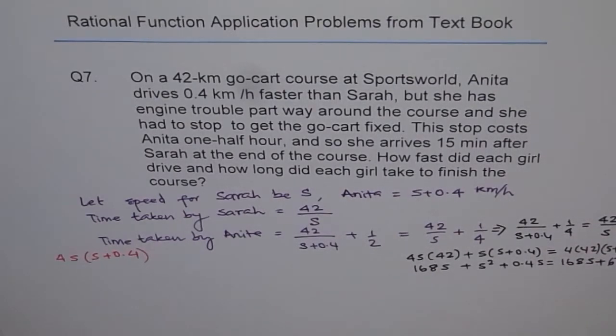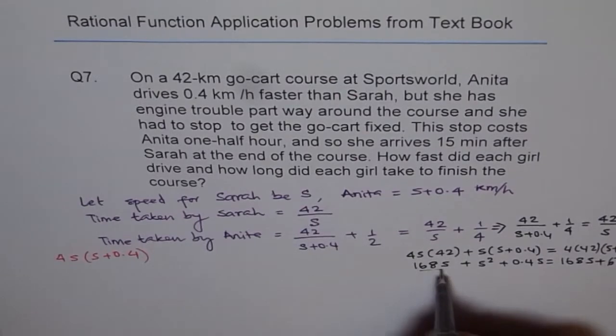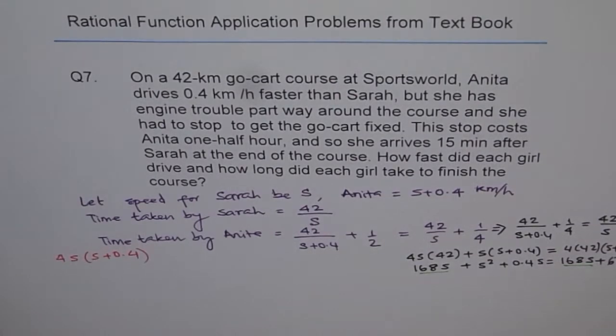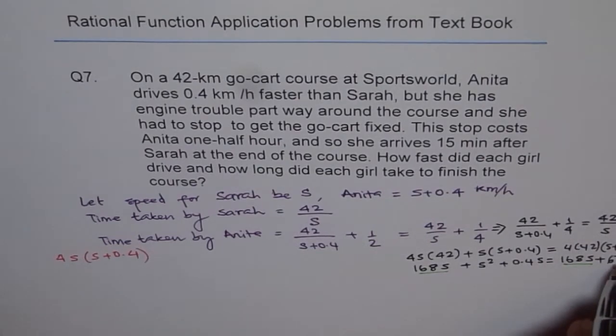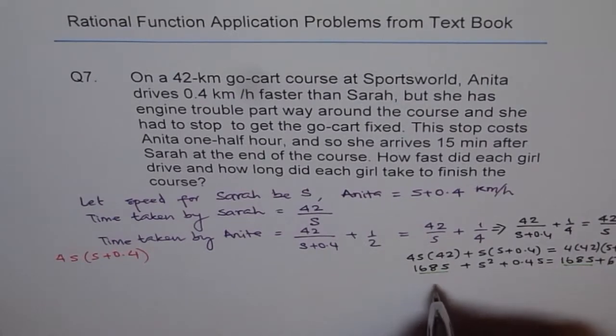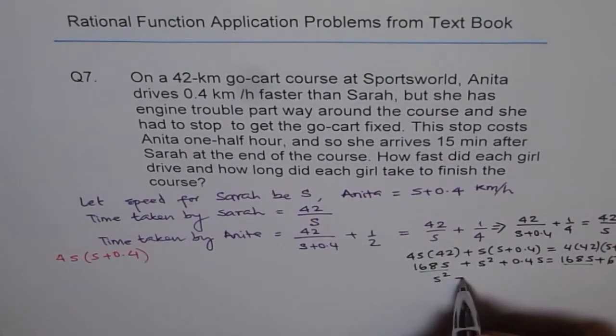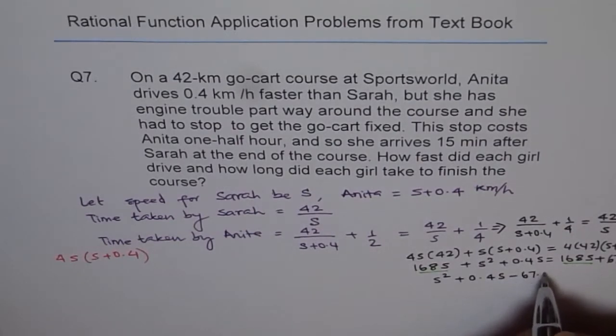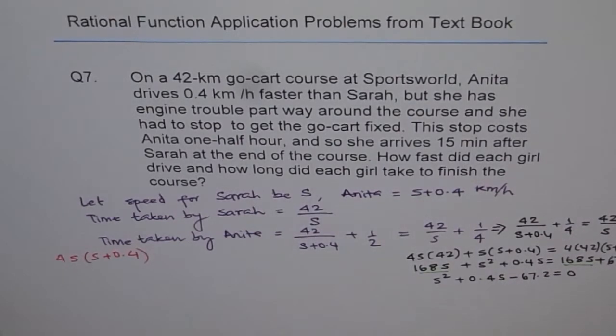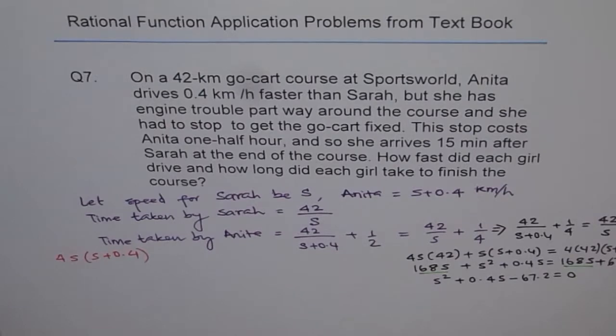The 168s terms are the same on both sides, so they get cancelled. And we have s square here, so we'll bring 67.2 to this side, and write s square plus 0.4s minus 67.2 equals 0. So we have a quadratic equation, s square plus 0.4s minus 67.2 equals 0, right?